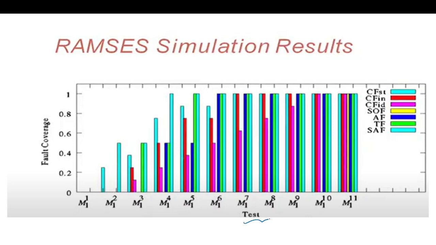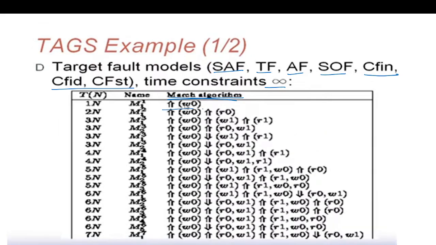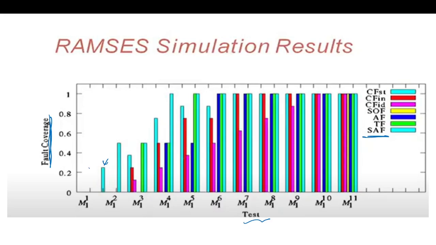This shows the different tests and their respective fault coverage. If you see the SAF fault, this represents the SAF fault coverage by this particular algorithm. And M11, if you see, is just a write operation without any read operation, so its fault coverage is 0.